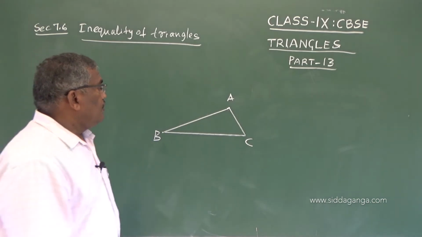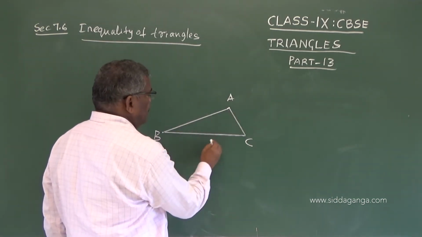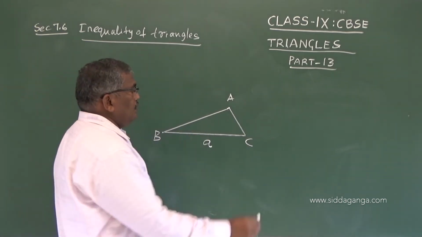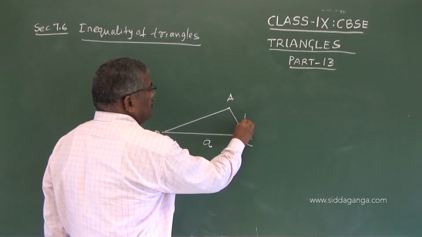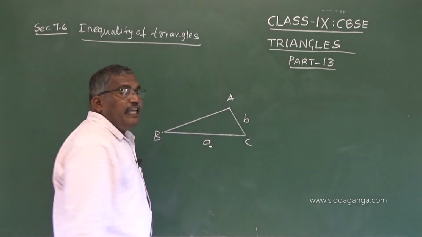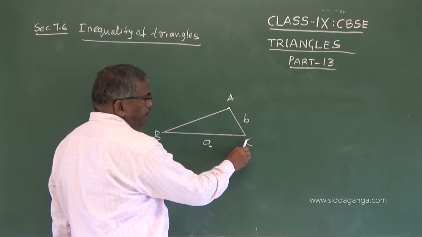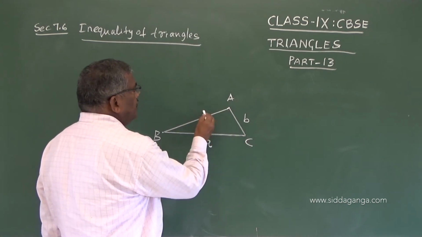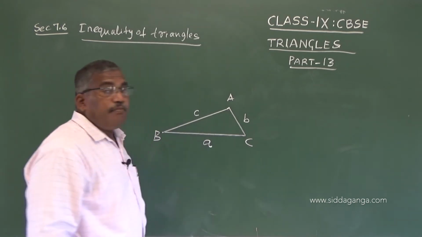If I call this side BC small a and AC side small b, small a indicates the length BC, small b indicates length AC, and small c indicates length AB.